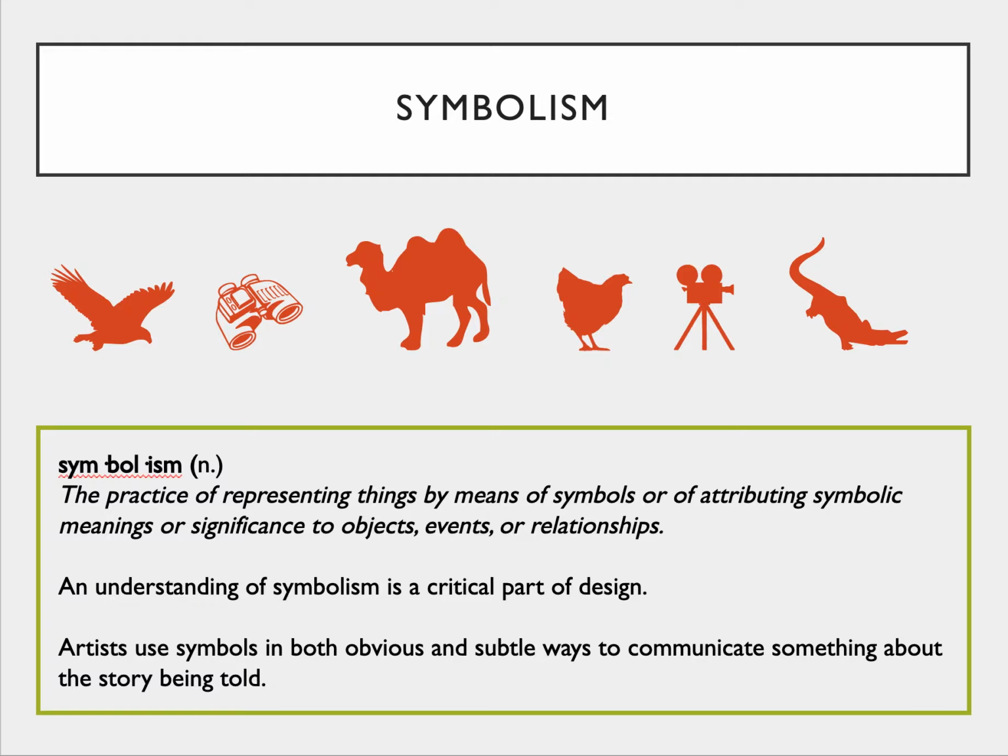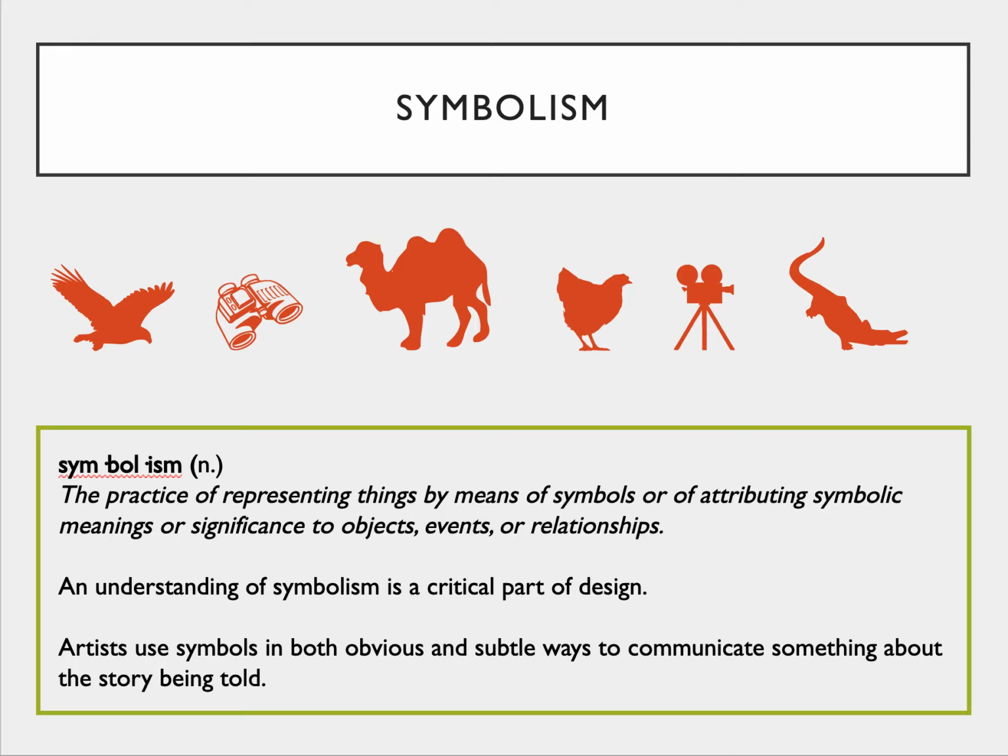Okay. So I want to define what I mean by symbolism. By dictionary definition, it basically means that an object in the real world is represented by a symbol, and that the symbol has a significance to that object, the event, relationships, or other things that you can think of.